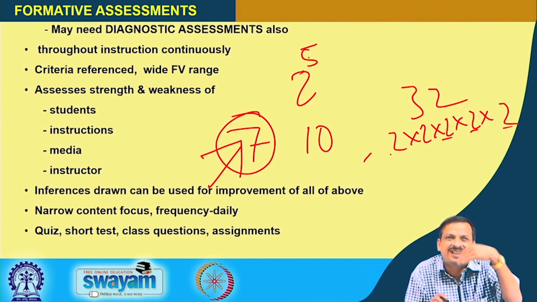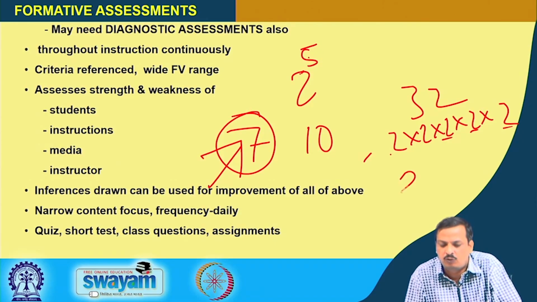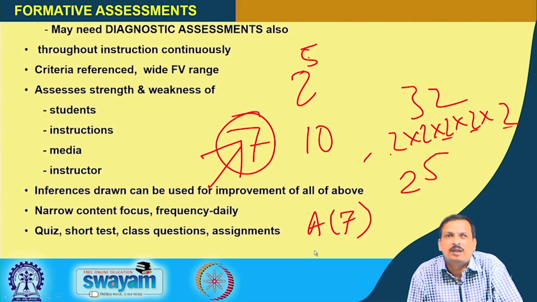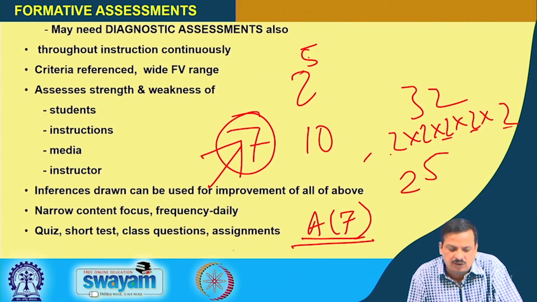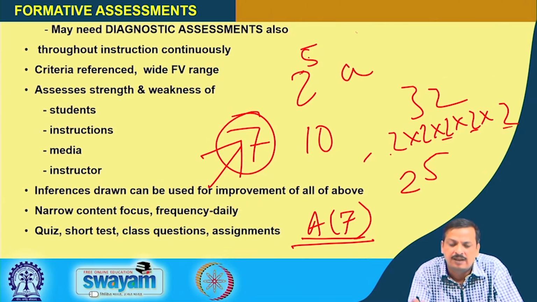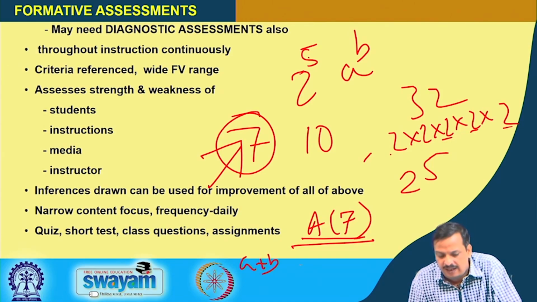During the creation of the question paper, when I as a teacher create the question 2 to the power 5, option A is 7. Now, if a student answers option A, then the misconception is that students are adding: if it is A to the power B, then students are adding A plus B. So their remedial lesson is: it is not A plus B, it should be A multiplied by itself B times.